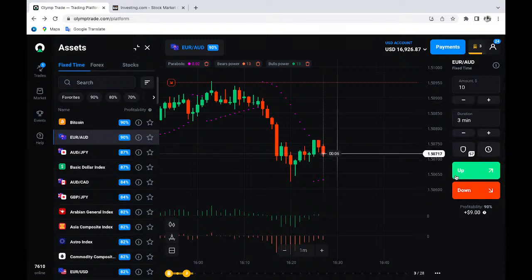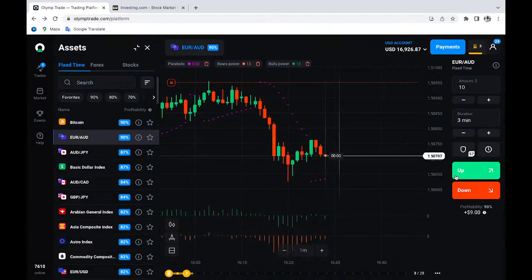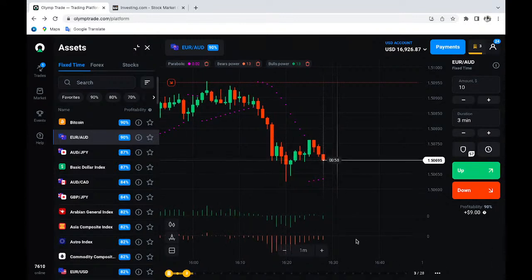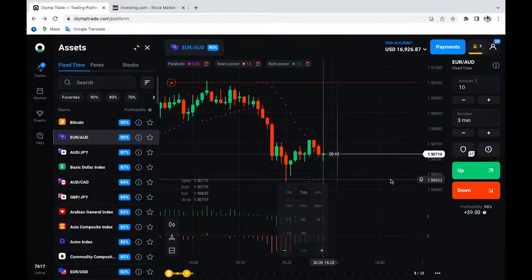Next question is, should I trade on a 5 minute time frame and 10 minute expiry with this strategy? Yeah, it was a good question. When we use a 1 minute time frame, we use trade durations of 2, 3, 4 minutes. It means we are using double or three times the time frame.